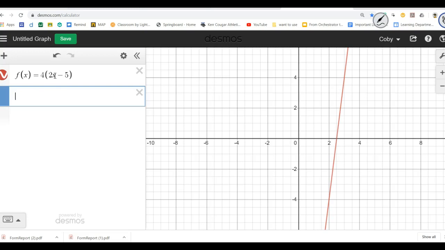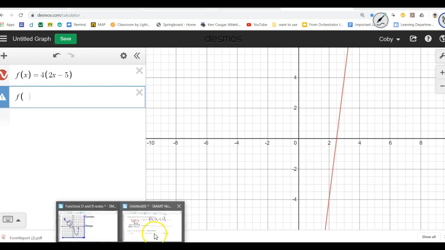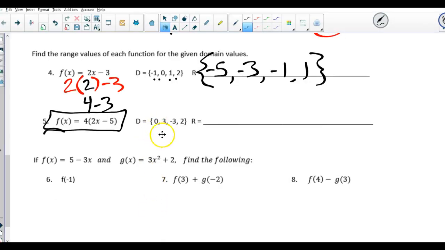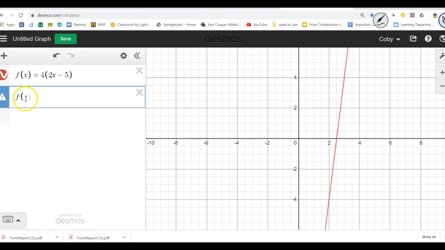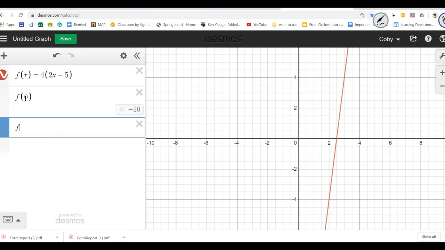Down here, I can now do f of whatever it is I need to plug in, which I forgot. 0, 3, -3, 2. So f of 0. And then I have f of -3.